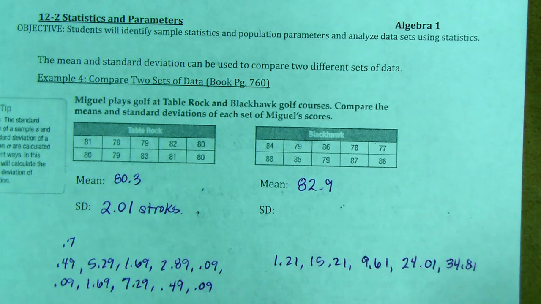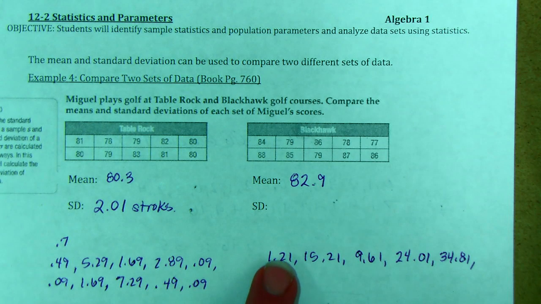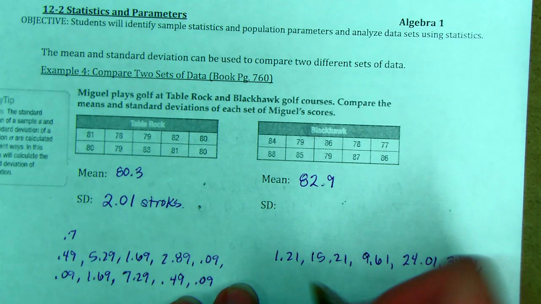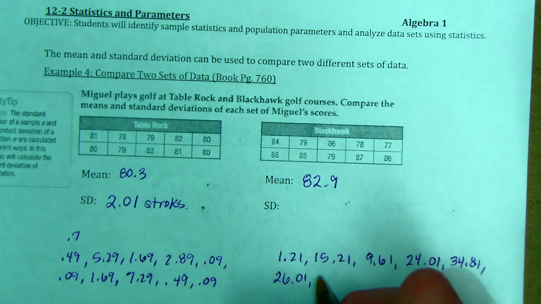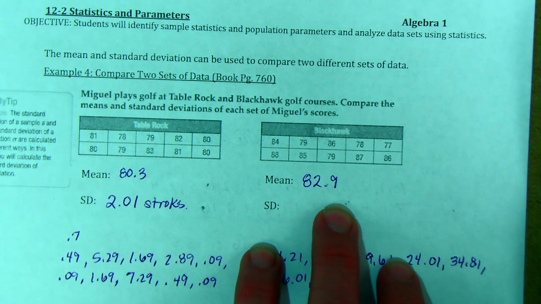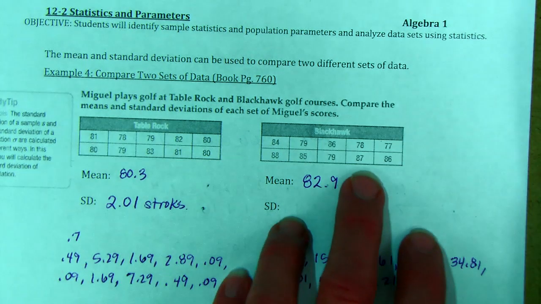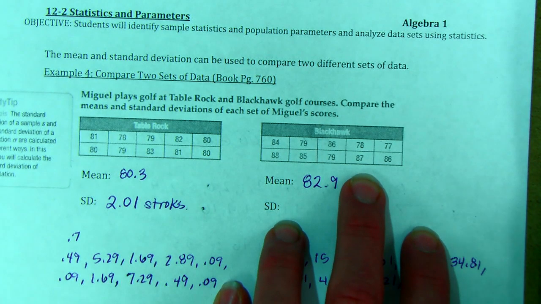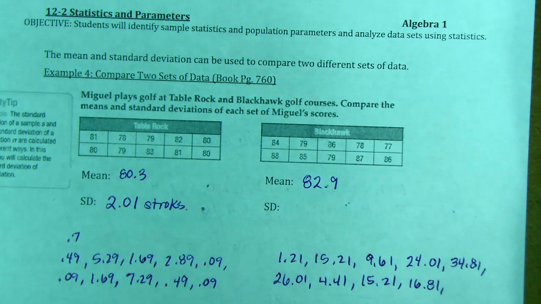88, didn't have one of those yet. Doggone it. 82.9 minus 88, we're going to square that. 26.01. 82.9 minus 85 squared, 4.41. 82.9 minus 79, 15.21. 16.81, and the last one, 9.61.